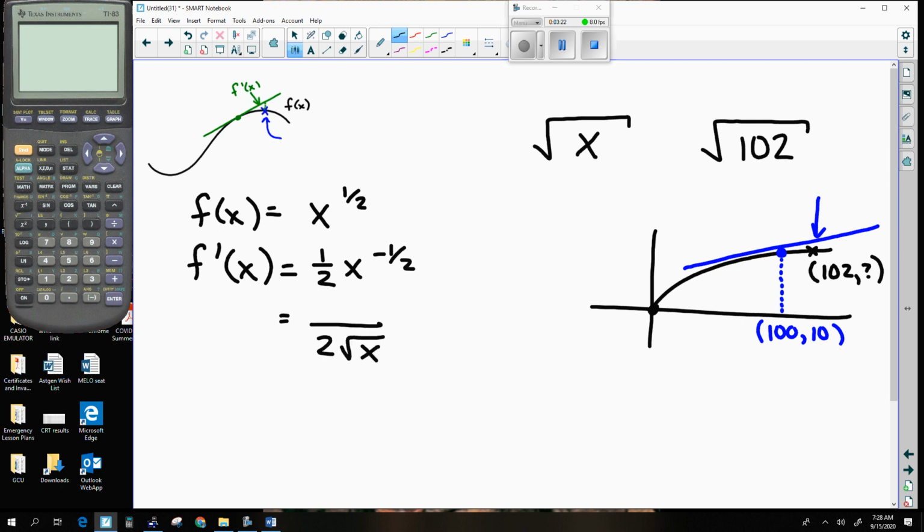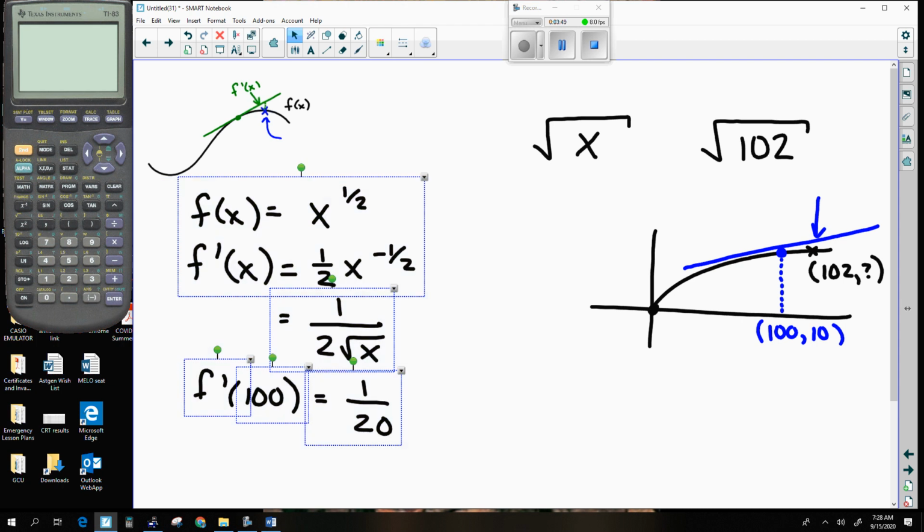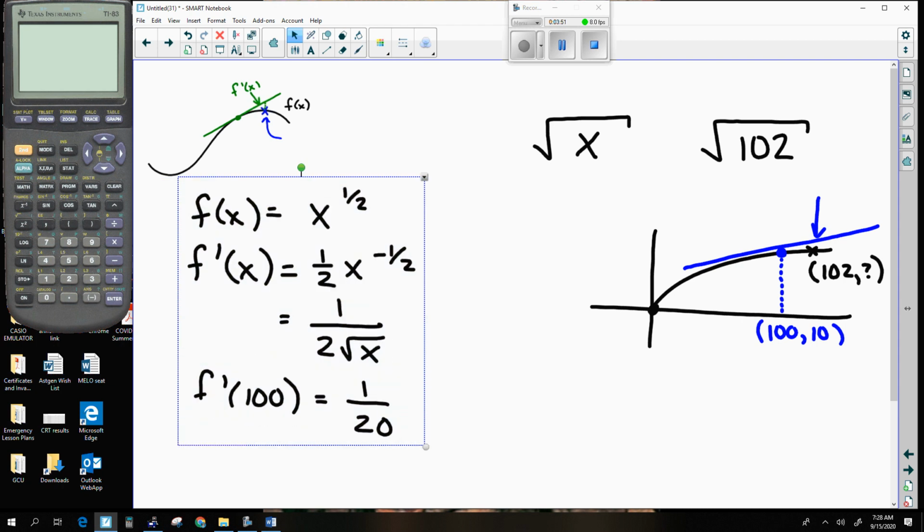That gives all tangents, and now I want my tangent specifically when x is equal to 100. That's 1/20.